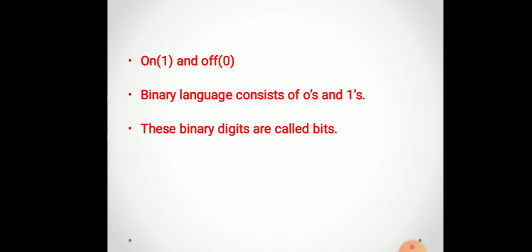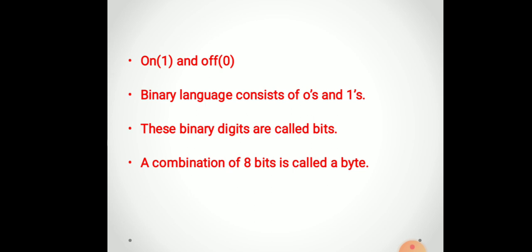Now we are going to see what a byte is. Bit, I already told you, 0 or 1 is a bit. A byte means a combination of 8 bits, that is a group of 8 bits. 1 byte is equal to a group of 8 bits.